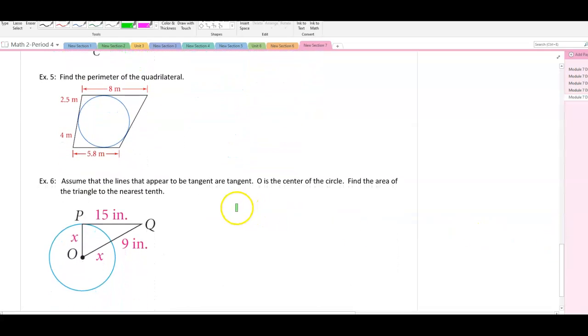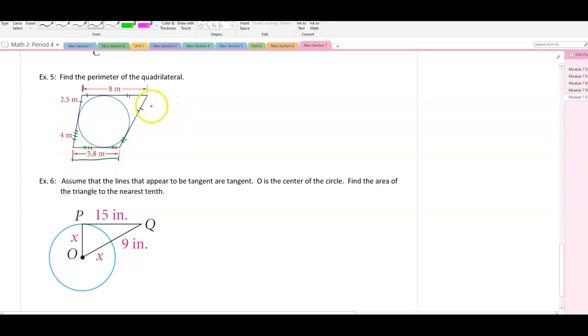All right, example 5. Find the perimeter of this quadrilateral. Well, this is a little bit different, because the segments they give me are the entire side length. So if I look here, it's still dealing with the idea that these tangents intersect outside, making these segments congruent.